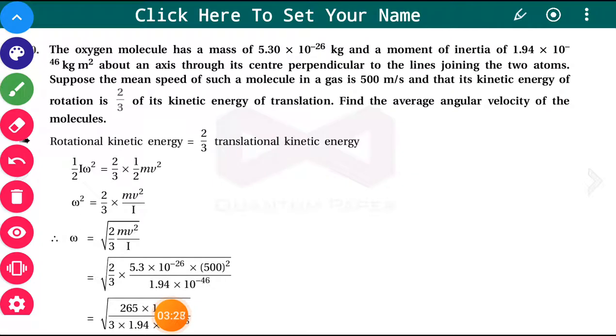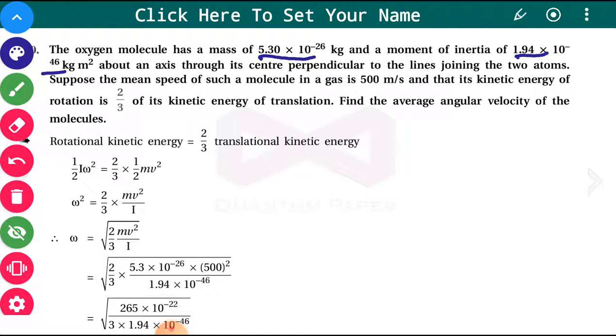Now we have the 20th numerical. The oxygen molecule has a mass of 5.3 into 10 to the power minus 26 kilogram, and a moment of inertia of 1.94 into 10 to the power minus 46 kilogram meter square about an axis through its center perpendicular to the line joining the two atoms.